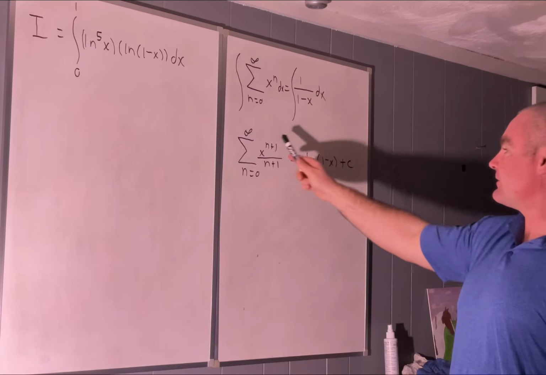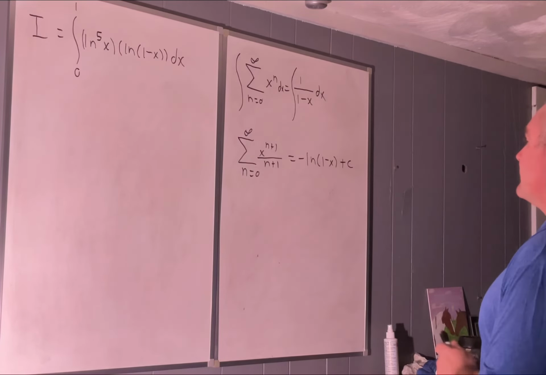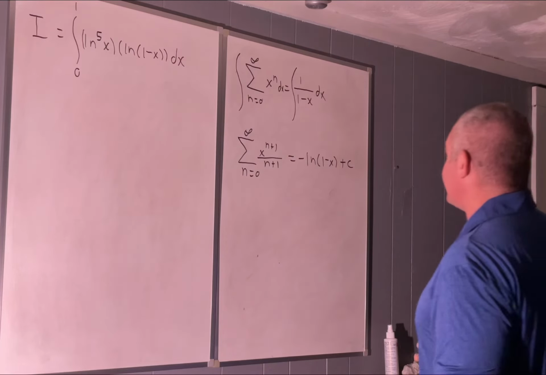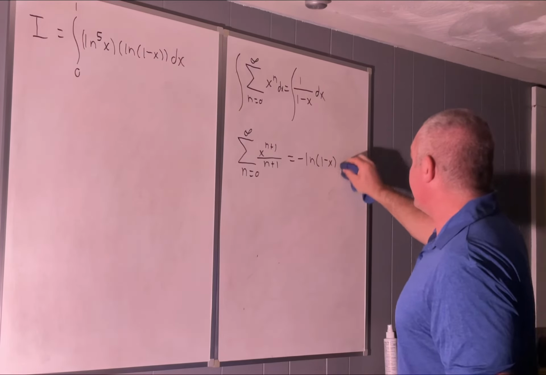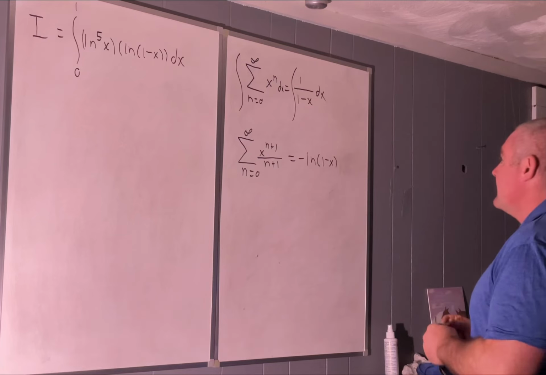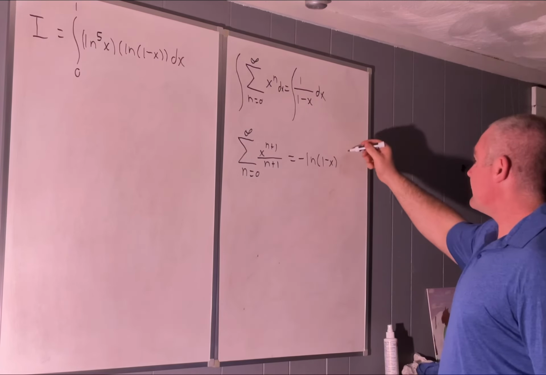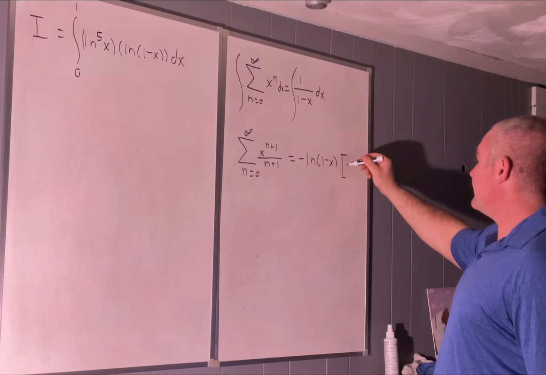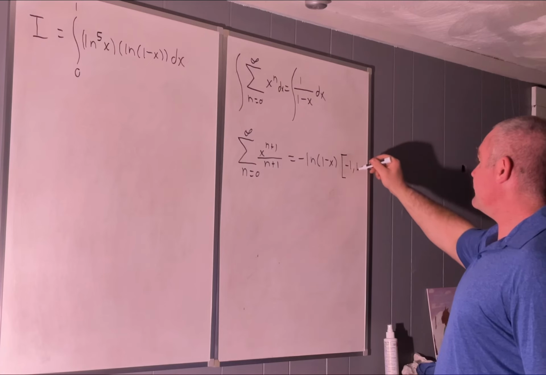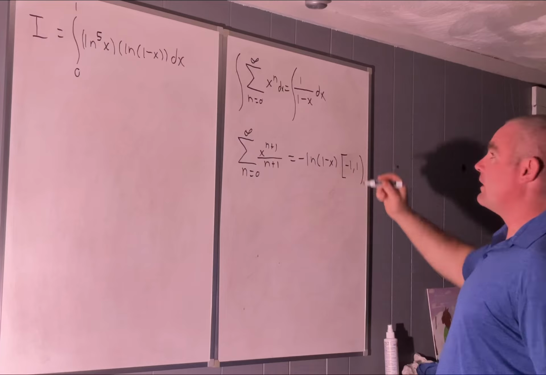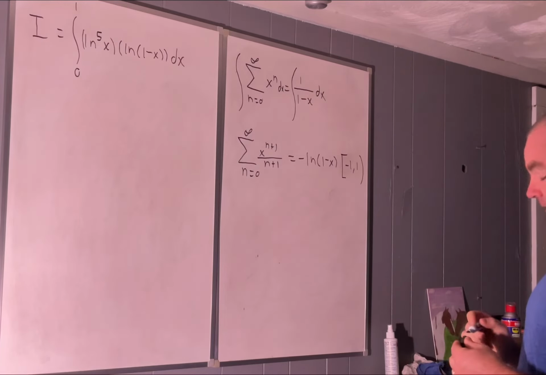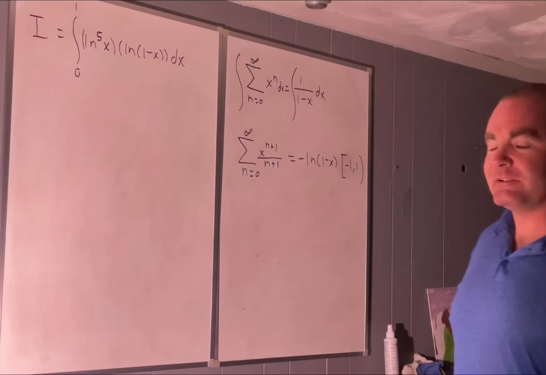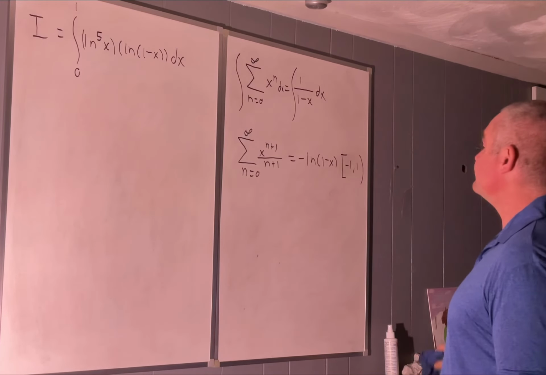If we let our x approach 0, we'll find that 0 is equal to 0 plus c, giving us c is equal to 0. And this will converge on this interval. This will be true for the interval negative 1 to 1. And our 1 is not technically included, but we'll get around that just by assuming we're taking a limit as x approaches 1. So we're good.